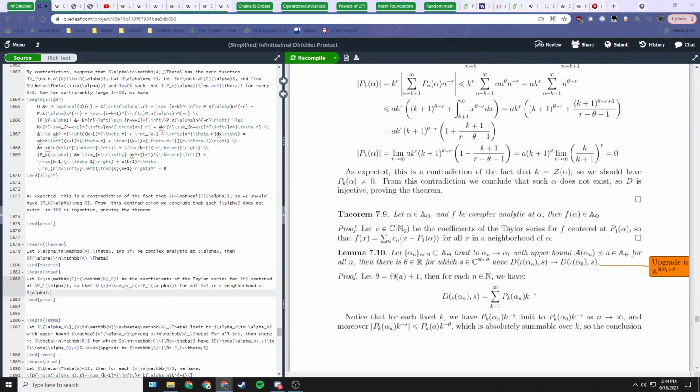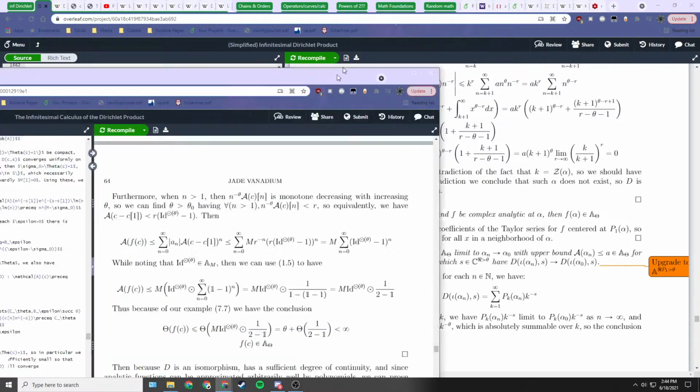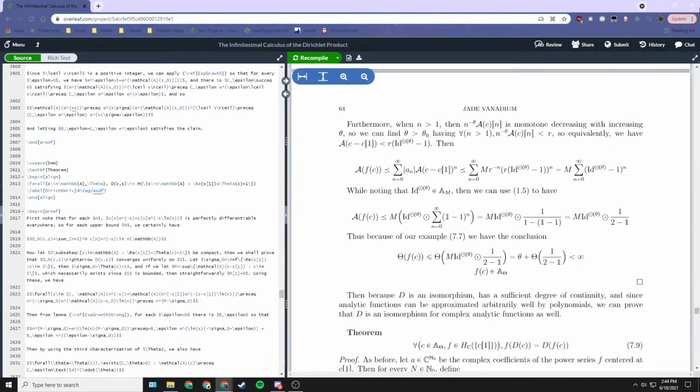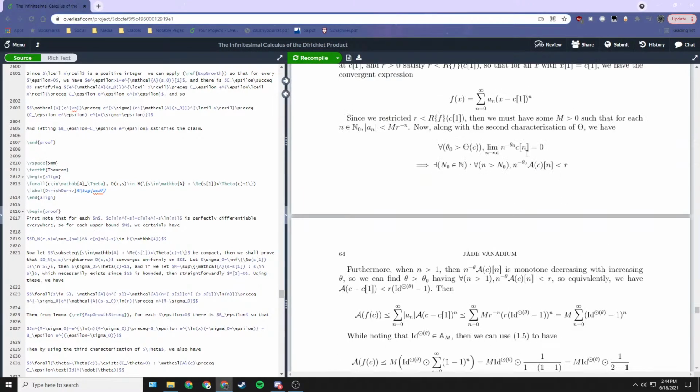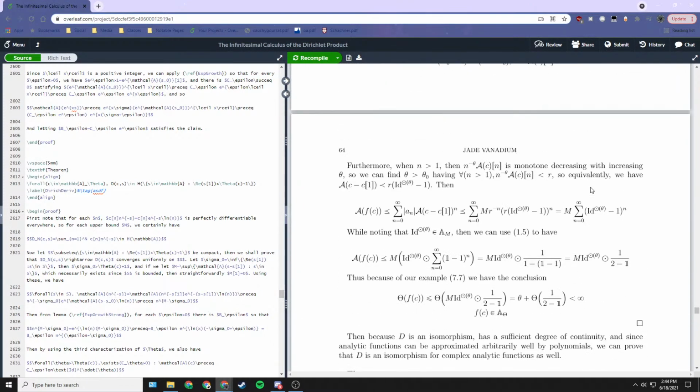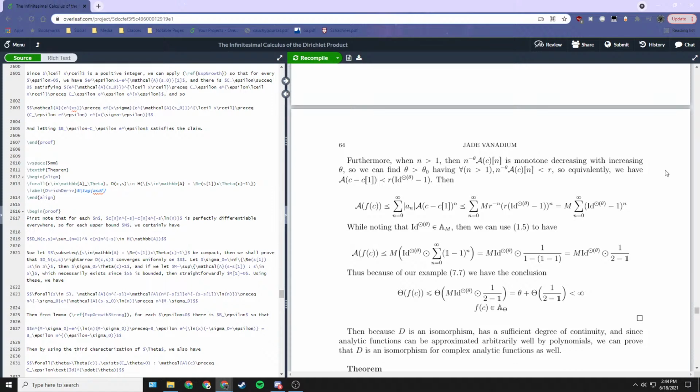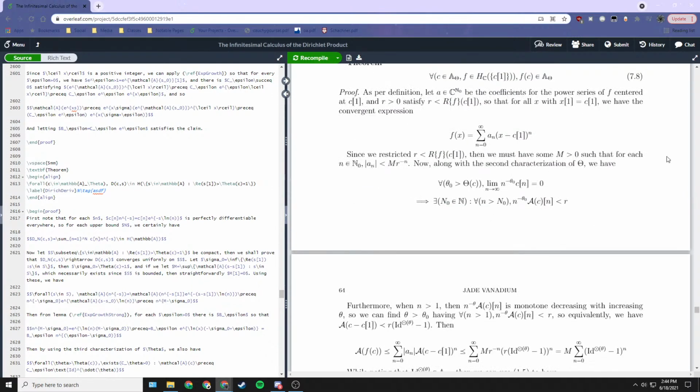We might need another lemma for this as well. Let me show you what I'm looking at. So this is the original proof for this one. It's actually rather short. It's maybe shorter than we're going to end up having it be, which is maybe not what we want.